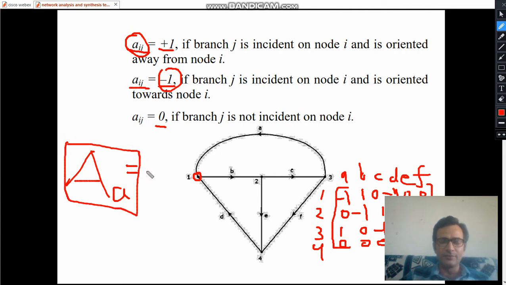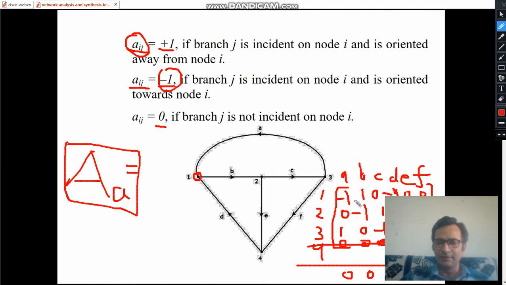Now what is the reduced incidence matrix? Actually, if I add all the rows in any column, then what will be the result? It will be 0. So one of the rows can be deleted. If I delete this row, it can be retrieved, because we know that the summation is 0.